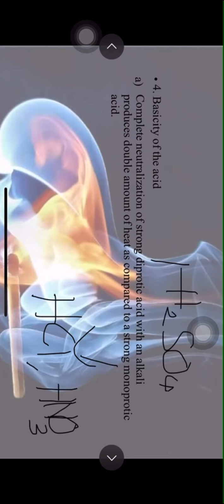Let's see, class. I will explain. The diprotic acid is sulfuric acid, H2SO4, plus 2NaOH. This is the balanced reaction, the teacher has balanced it already.